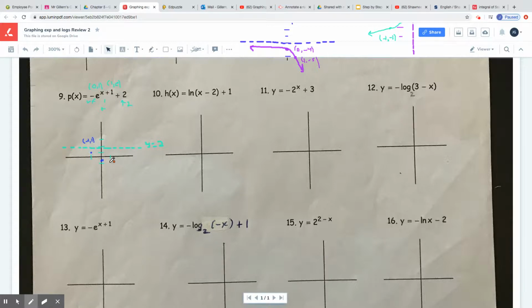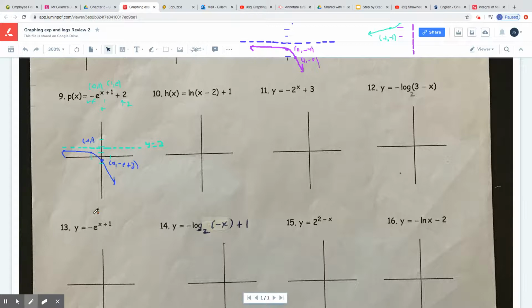Up 2 is like -0.718, and to the left 1 puts me right on the axis. And it looks something like that. So this point here is 0, comma, what did we do to the E? We changed the sign, so it was -E, and then I added 2 to it. So 0, comma, -E plus 2.